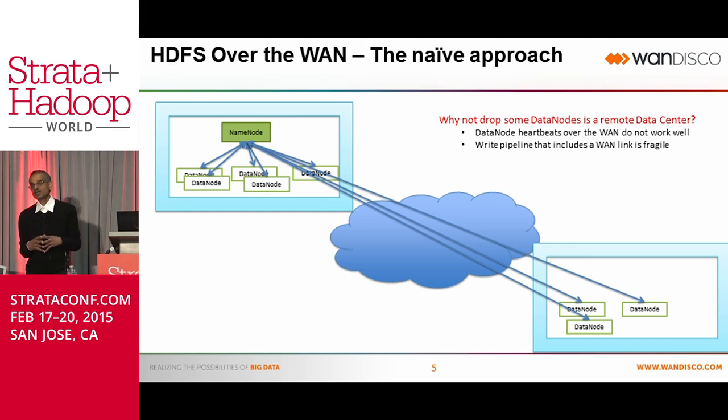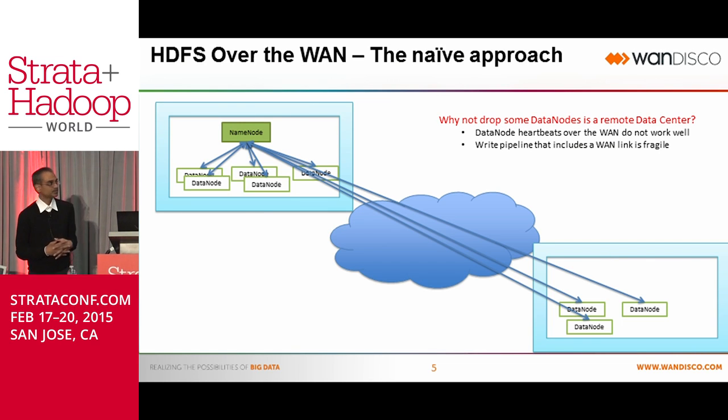If we were to take the naive approach and look at running HDFS over a wide area network, the first thing that people might say is, why don't we just drop some data nodes in a different data center, connect to a name node that's active in the main data center, and we're off to the races? Well, it turns out there are two problems with that. I will talk about the single name node issue a little while later in the presentation.